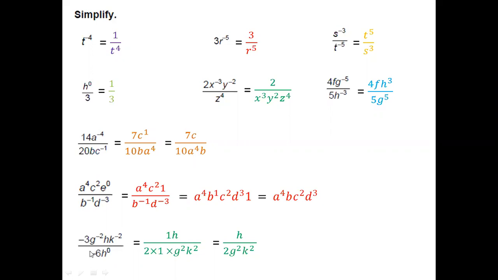Then 3 and 6, if you simplify with 3, you'll be left with 1 and 2. The next one is anything to the power of 0 is going to give you a 1. And then g to the power of -2 will go down, so that will become g to the power of 2. And h remains up because h doesn't have any power, that means it's a power of 1. And k also goes down. So this is how you'll be left when you have moved everything.